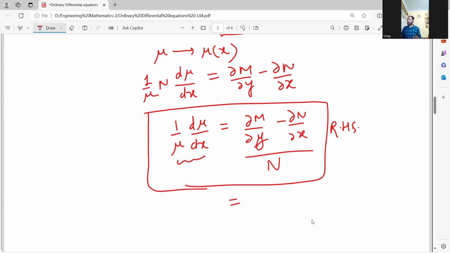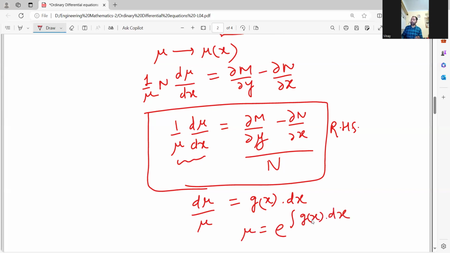No, right? So if the left hand side is a function of x, the right hand side has to be a function of x. Let's call it g(x). And from here, you can easily get d mu by mu equal to g(x) dx. What would be mu? e to the power integral of g(x) dx. This is the integrating factor that you need to find out.